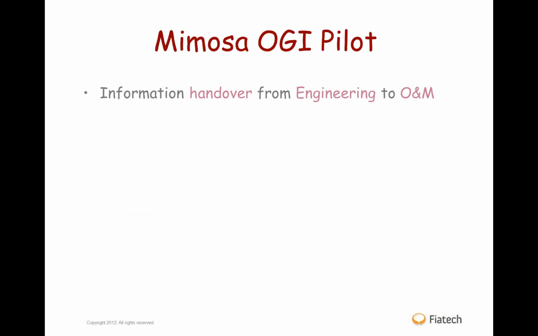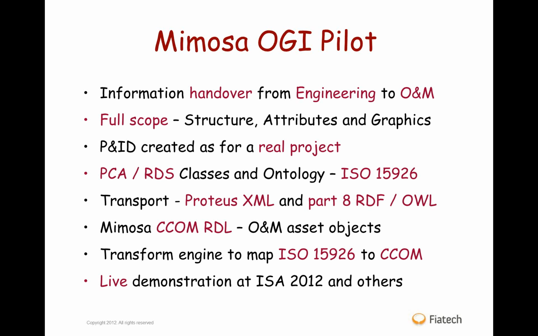The Mimosa OGI project, again, is looking for the full structure, and with a P&ID that was created in the same way as it would be for a real project, but as an example to incorporate all of the different types of data that could be expressed. So they're using, again, all of the classes and ontology from the PCA RDS reference data library, and the transport is either the XML or Part 8.